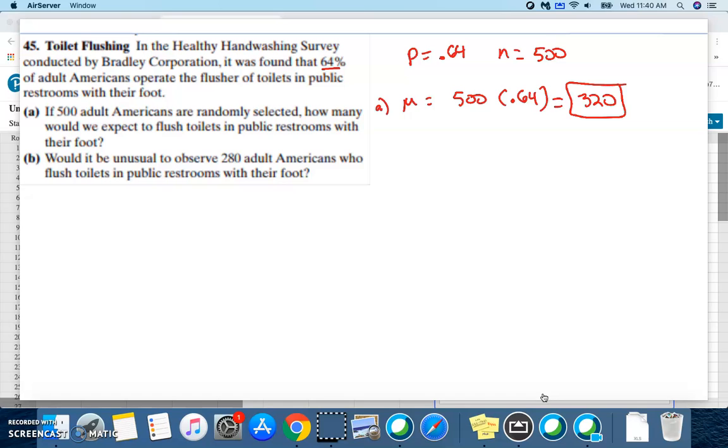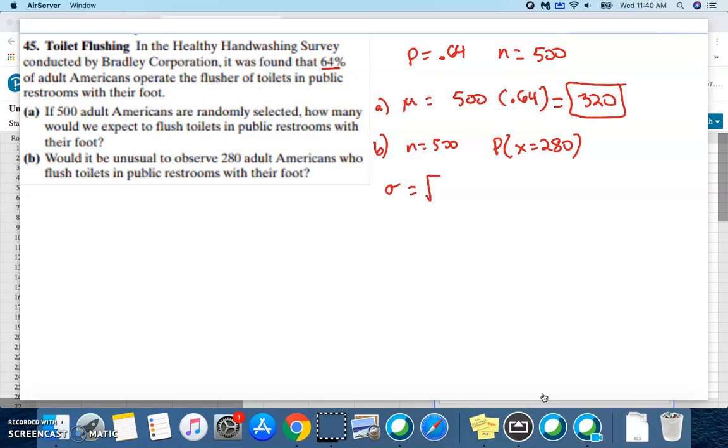This is part A. Part B. Again, we still have n equal to 500, and we want to know the probability that x is equal to 280. But we need a standard deviation to see how many standard deviations away it is, because these are very large sample sizes.